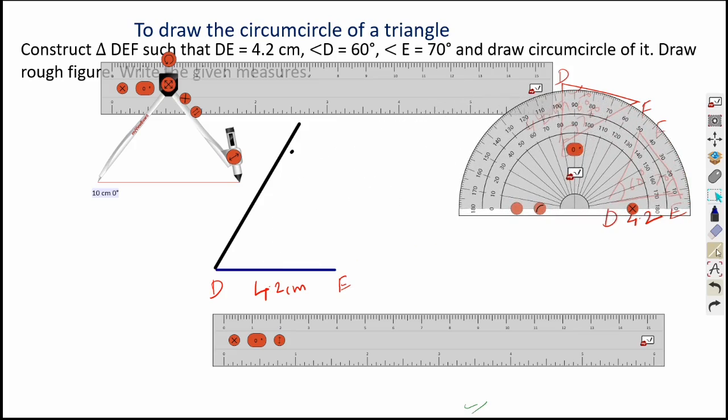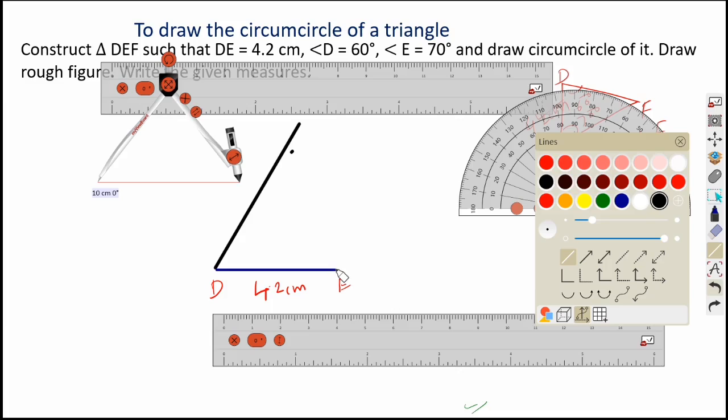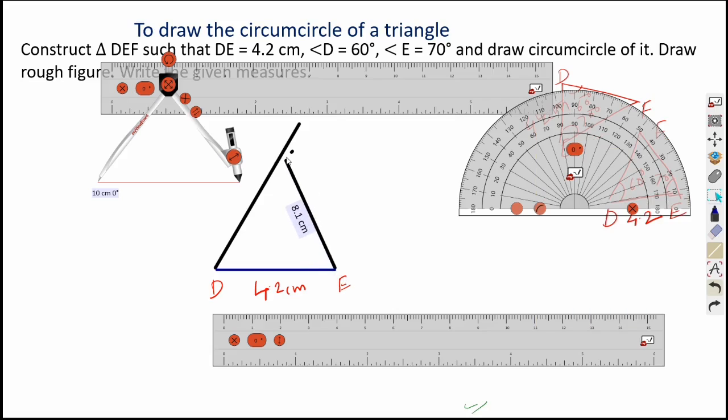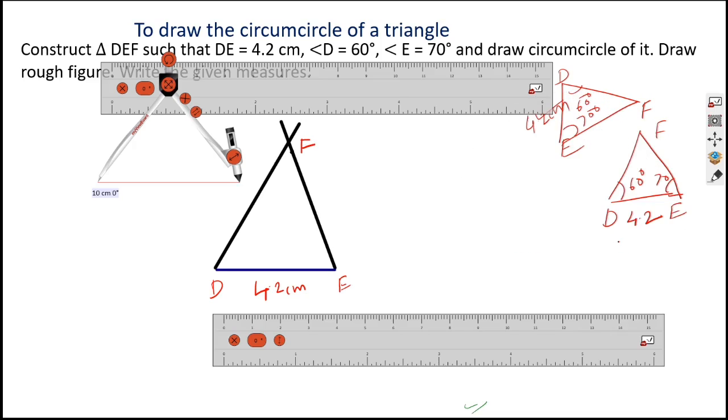And I have to locate F with the help of this measurement, which will go through this point. DEF. F can be marked here. So what we got is a triangle according to the measurement given.